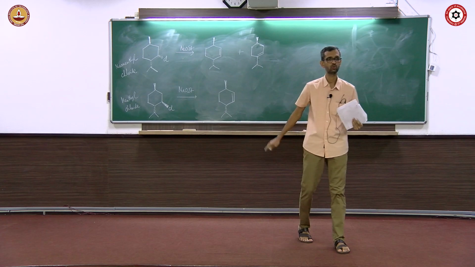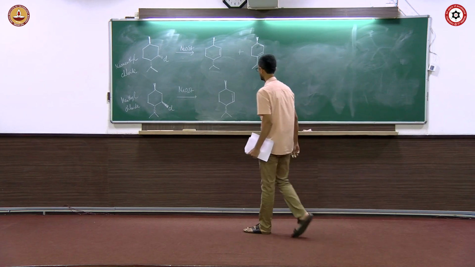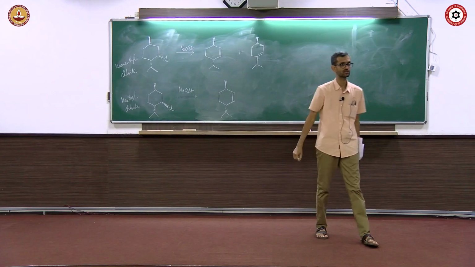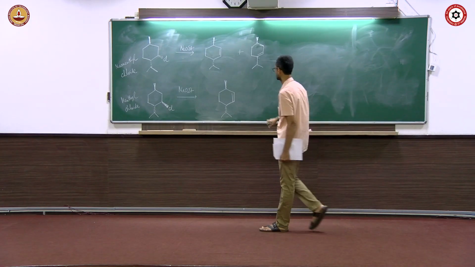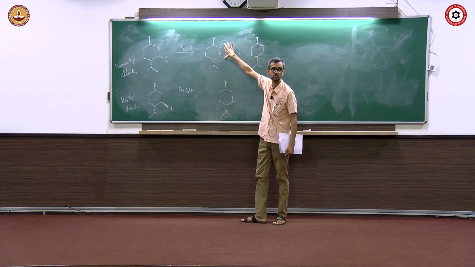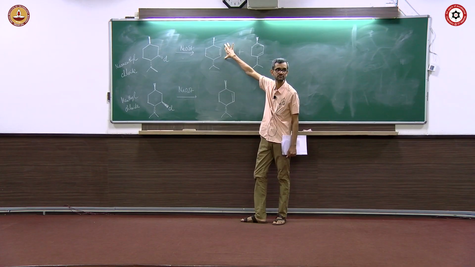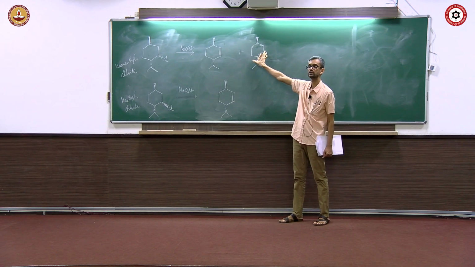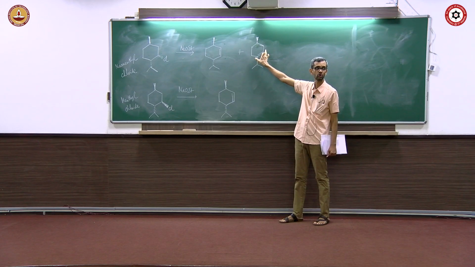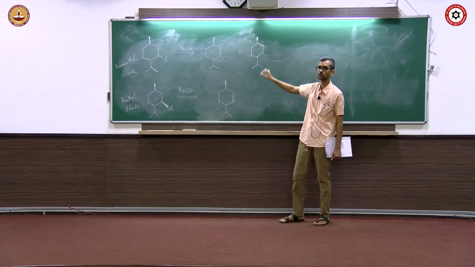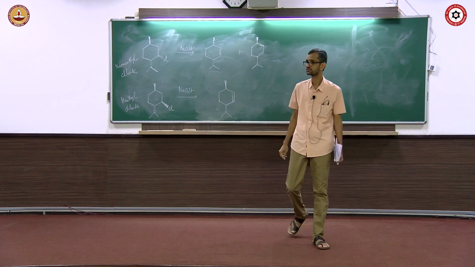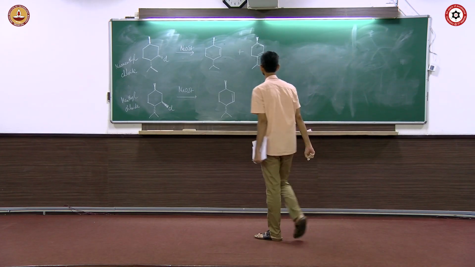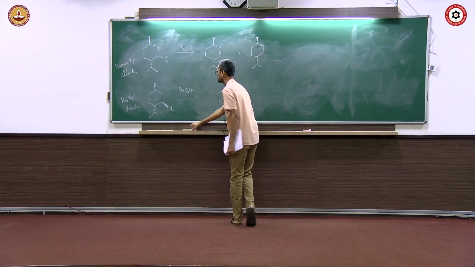Now, just by looking at the structure, you will say that this formed a less substituted olefin, correct? This formed a more substituted olefin, following what rule? The Zaitsev rule, right? So this follows the Zaitsev rule. So what is the reason? How do you explain this?